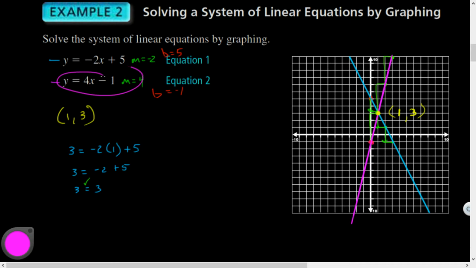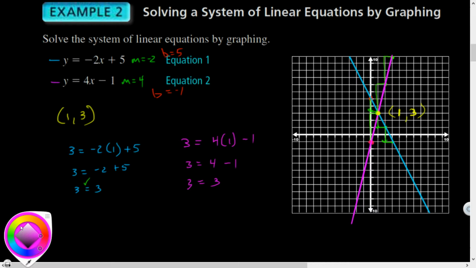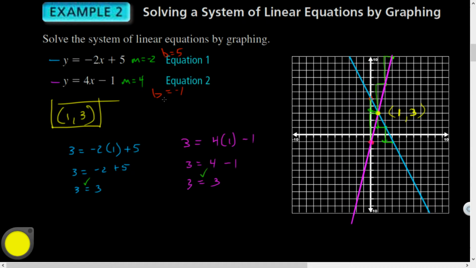Plugging it in this equation, is 3 equal to 4 times 1 minus 1? Oh, I got a feeling. Ooh. Yeah, I think we found the solution, friends. Cha-ching. Beautiful.